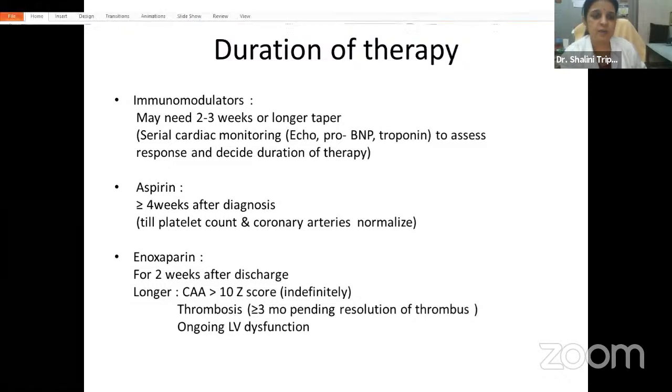Enoxaparin is given for 2 weeks minimum after discharge, and we need to give higher enoxaparin if a giant aneurysm is there. If the patient has evidence of thrombosis, minimum 3 months of enoxaparin is to be given pending resolution of the thrombus. Enoxaparin also needs to be given longer if the patient has continued LV dysfunction.